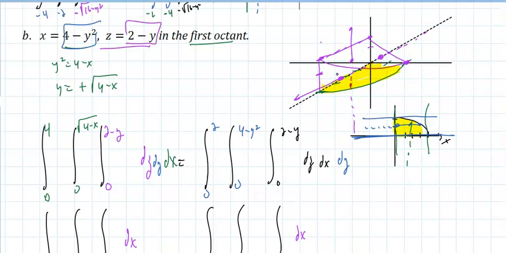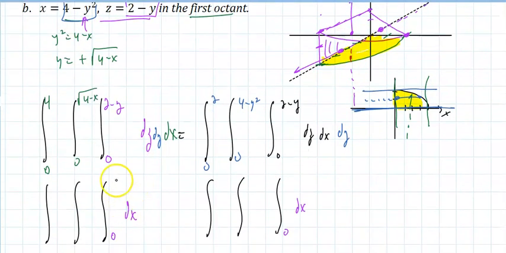If I look at that piece and I try to figure out what that looked like, well, that is x equals, so what does that look like right there? Isn't that this? Isn't that x equals 4 minus y squared?